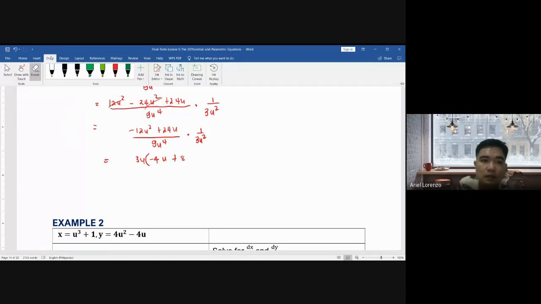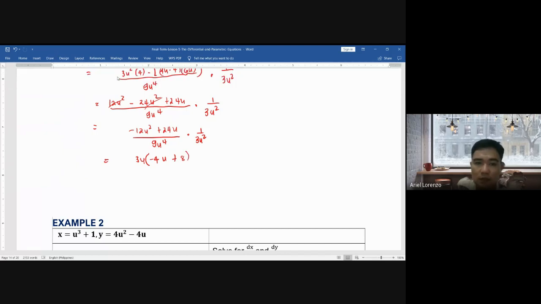Okay. 8 all over 9u to the fourth times 1 all over 3u squared. Cancel to, makancel yung isang squared. So negative 4u, or pwede kong ilabas ang 4u. So magiging 8 divided by, ay hindi, 8 lang no, pwede kasi wala namang u si 8.